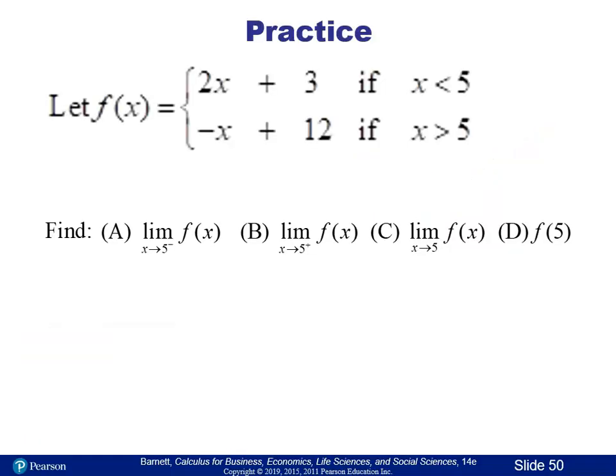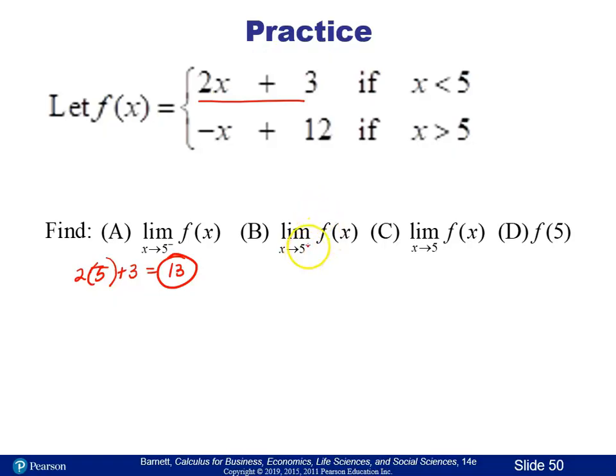Okay, here's one that you could definitely try. If we look at this one, if you're approaching 5 from the left, then that would be numbers that are less than 5. So that tells me that we need to plug into the first piece. So 2 times 5 plus 3 looks like it's going to give us a left limit of 13.